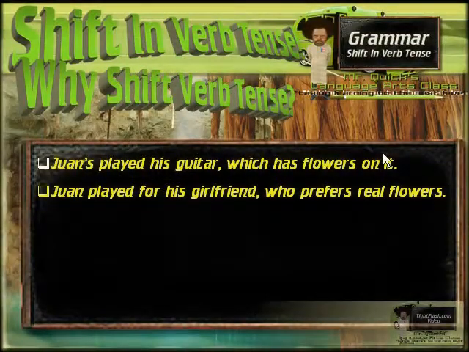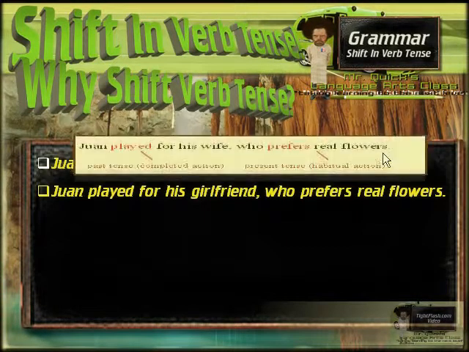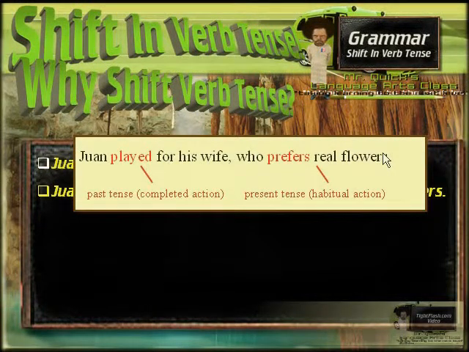Let's look at one more sentence, because I know you have the SCORM activity. You can do it yourself. Juan played for his girlfriend, who prefers real flowers. Now, prefers is going to be a habitual action. Played is going to be a completed action.